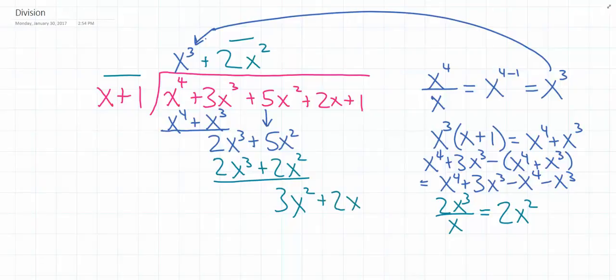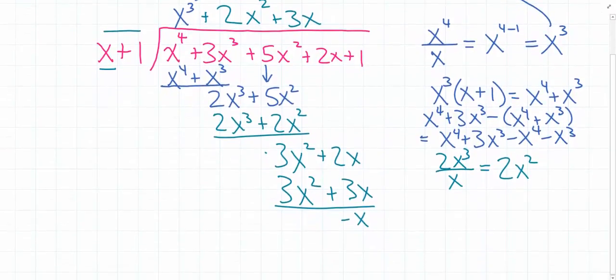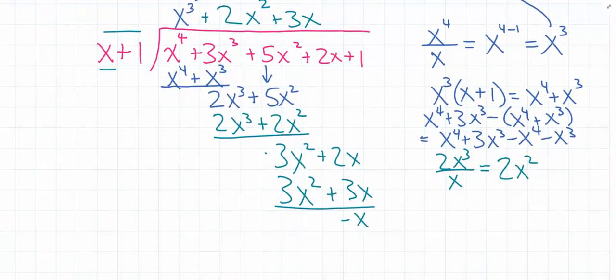And then I divide x into 3x squared. Well, that's going to be 3x. And then I multiply, 3x squared plus 3x. Subtract, and I get negative x. Okay, now I want to bring down the very last thing, the plus 1, and divide.